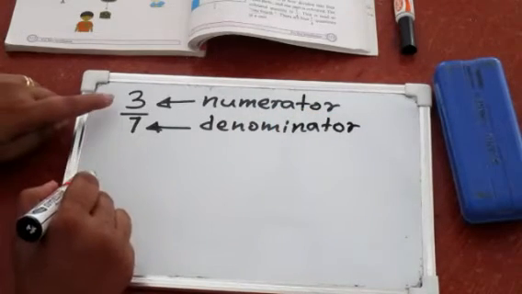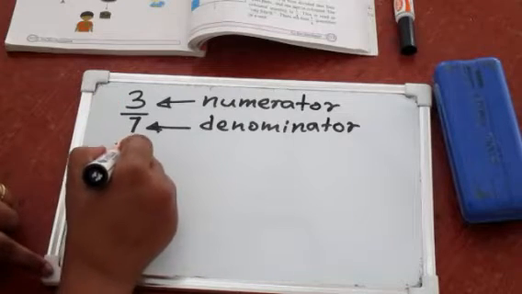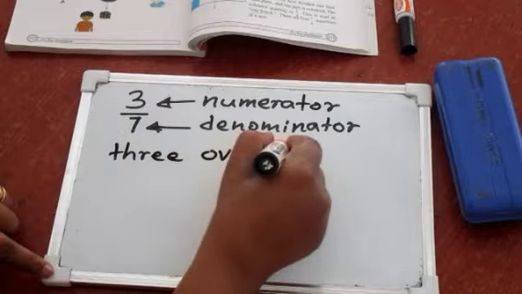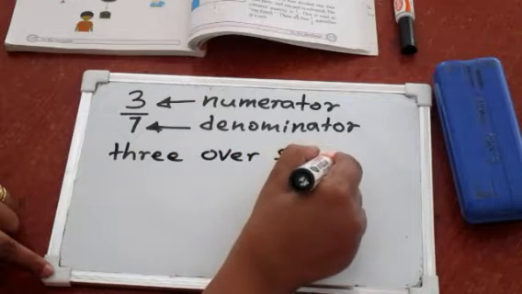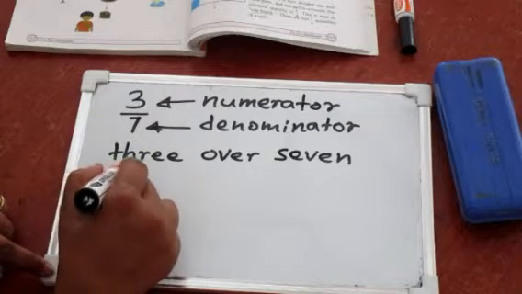Now we read this as 3/7. Or we can read it as 3/7.